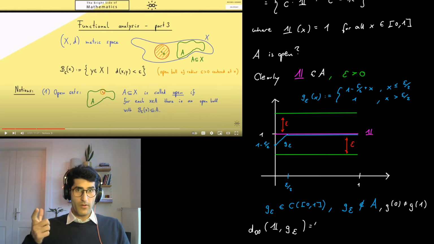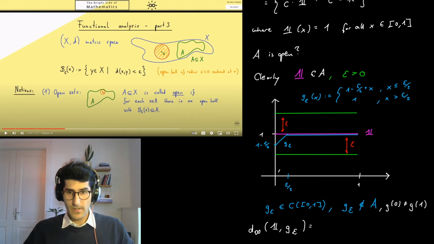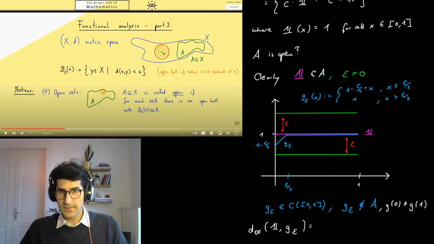We can read it off our sketch, because if you look at this, the maximal distance between those two functions, which is what I'm interested in, is this part here. This is the maximal distance.